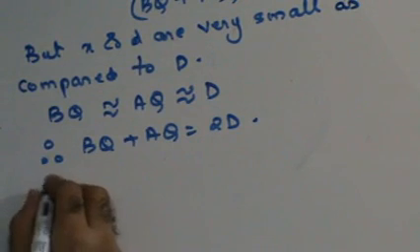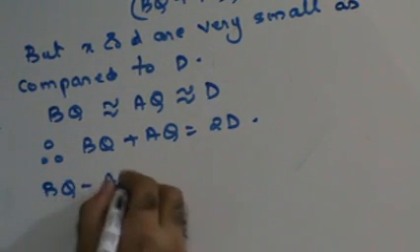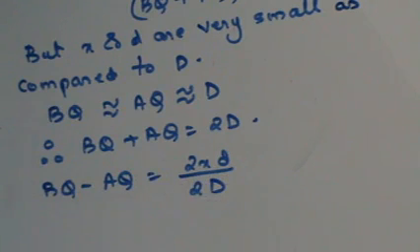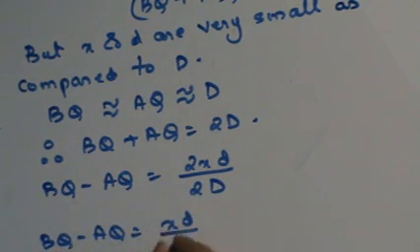Hence BQ minus AQ is 2xd upon 2D. 2 and 2 get cancelled, therefore BQ minus AQ is xd by D. So my path difference is going to be equal to xd by D.